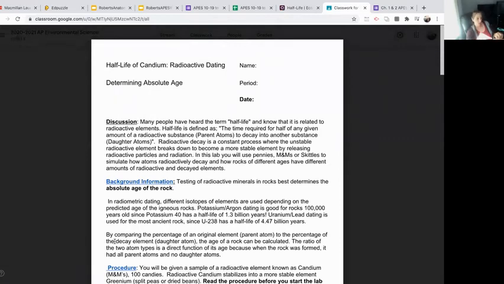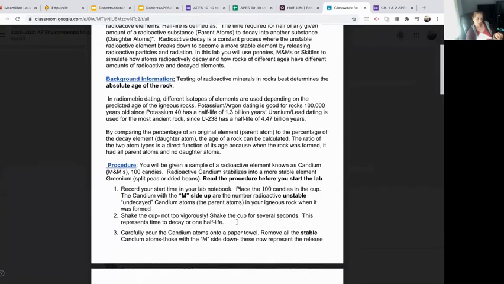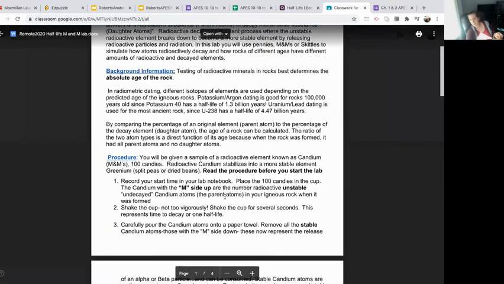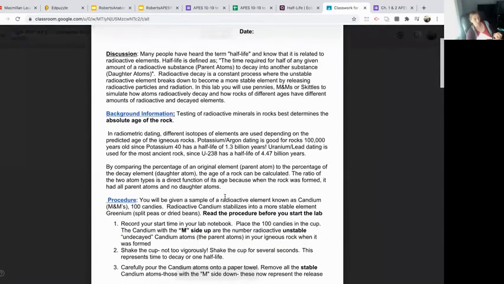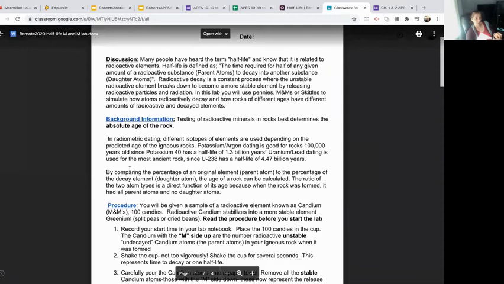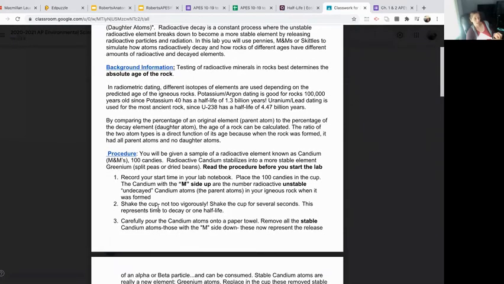What we're going to do is I'm going to be putting you into groups. And when you get into your groups, whoever has the most number of pets in their house goes first and reads the discussion, then the next person with the next number is reading background information, and then read your procedure.